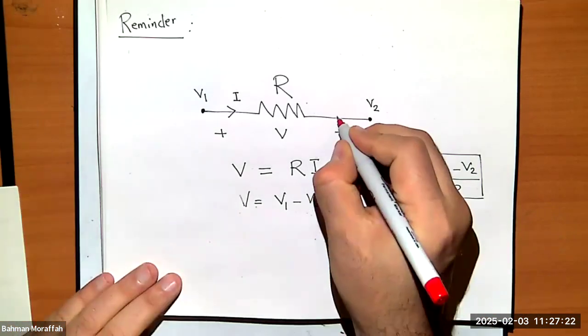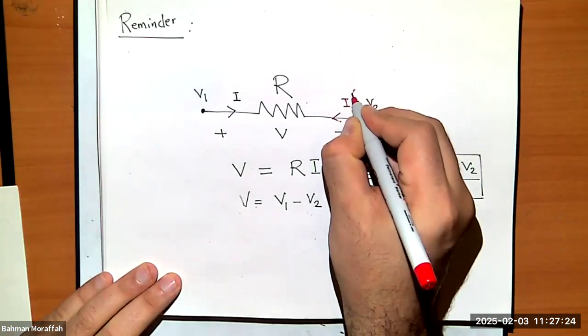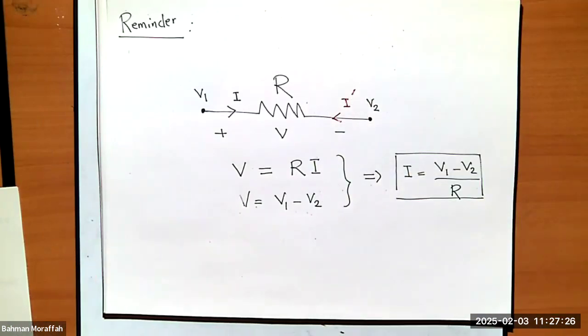If I told you this is I prime, what is the relationship between I prime and I? The value is exactly the same, but the direction is opposite. How do we show that? Put a negative sign in front of it.